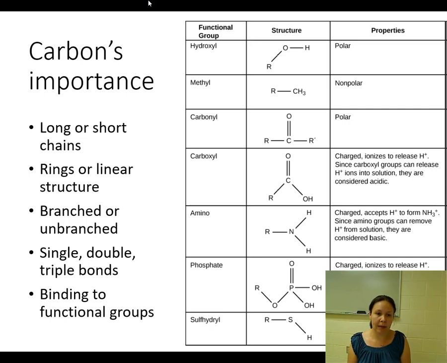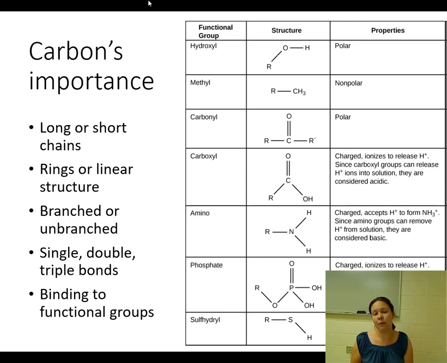So if you take a look at my bullet points, carbon is important because if you remember back to chemistry, carbon has 6 electrons and actually 4 in its outermost or valence shell. Because it has 4 electrons in its outermost shell, it can form 4 bonds, which makes carbon a very special atom.